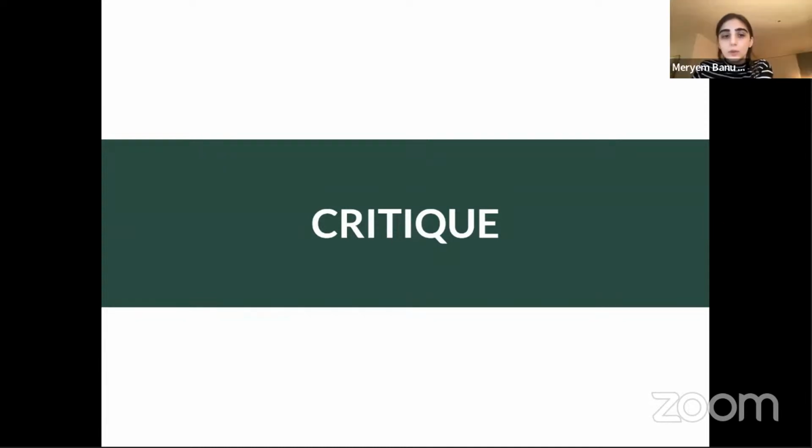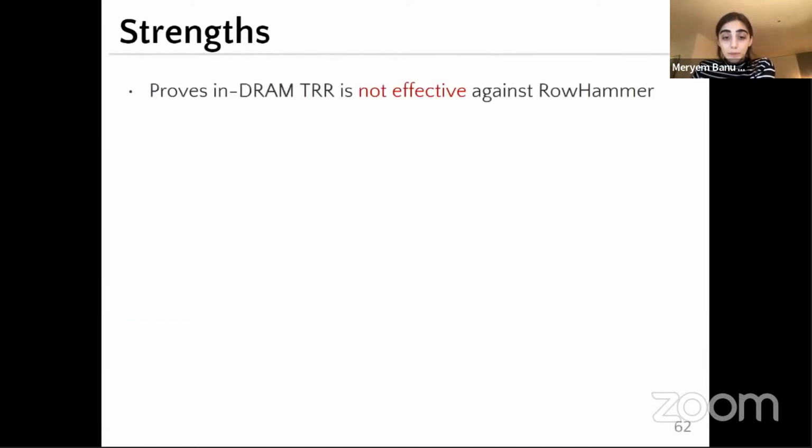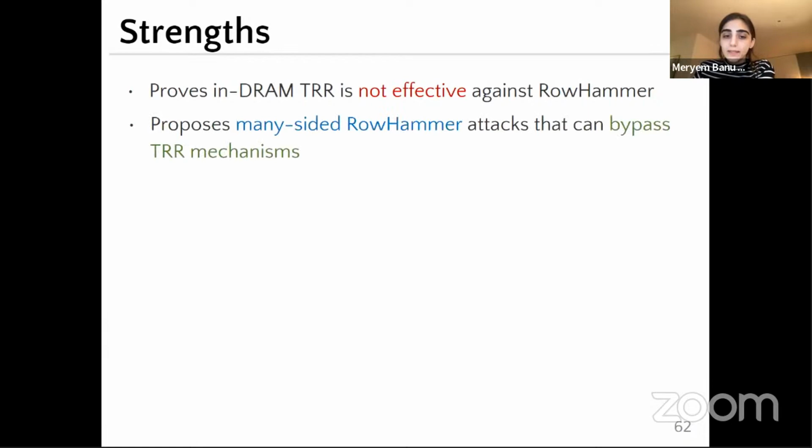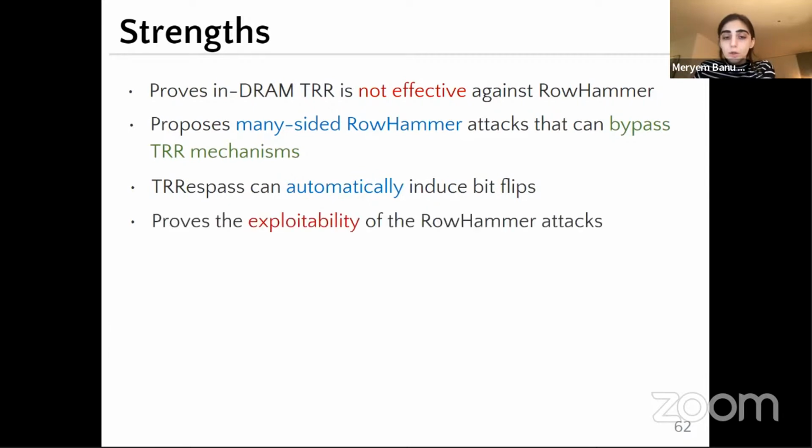Okay, maybe I can continue with the strengths and weaknesses of the paper. So for me, the biggest strength of the paper is that it proves the effectiveness of in-DRAM TRR against RowHammer. It also develops many-sided RowHammer attacks that can bypass TRR mechanisms easily. The way TRRespass can induce bit flips is automatic, so there is no need to develop any algorithm for all modules. They also prove the exploitability of the attacks.